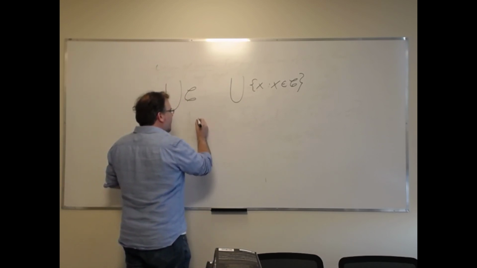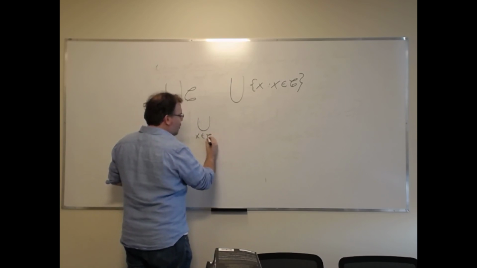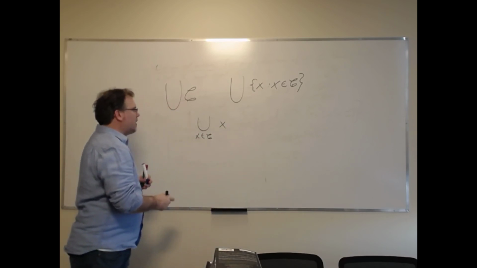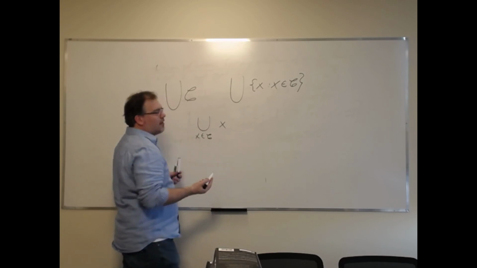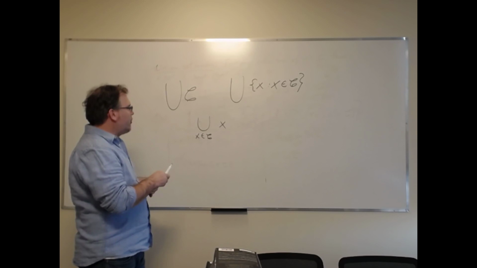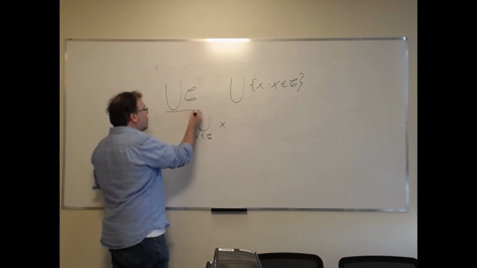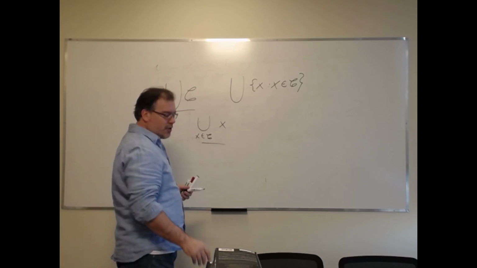And another one that is used quite frequently is to take the union ranging over all the sets in C, so the union of all the x's such that x is in C. That's yet another way of writing the union set. The three notations are fairly common. I'm going to use that one fairly often, and that one occasionally as well, because it's sometimes useful.